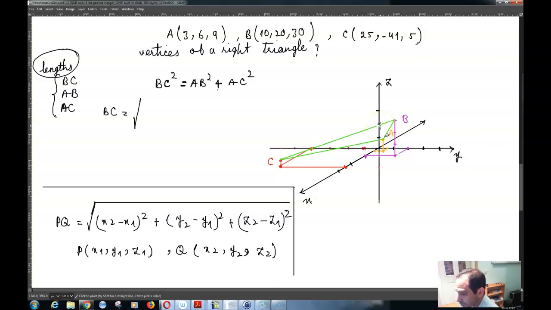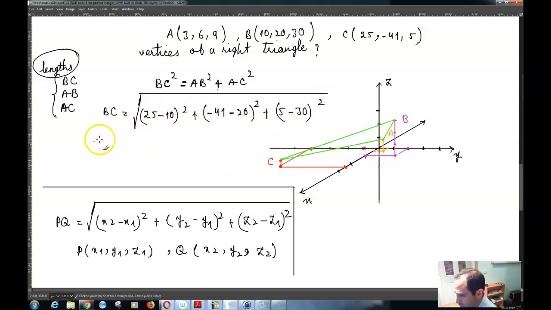So in that case, for example, BC would be the square root of 25 minus 10 whole squared, plus negative 41 minus 20 whole squared, plus 5 minus 30 whole squared, which is equal to the square root of 15 squared plus negative 61 squared plus negative 25 squared.